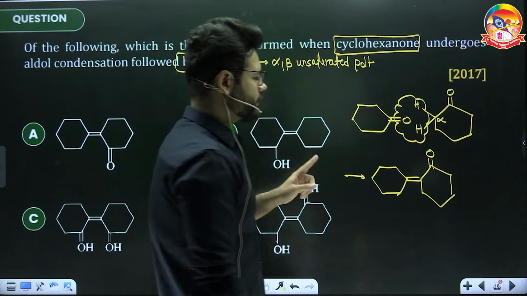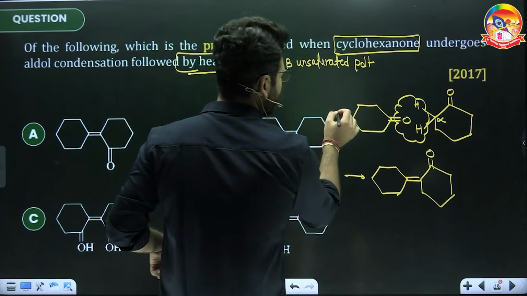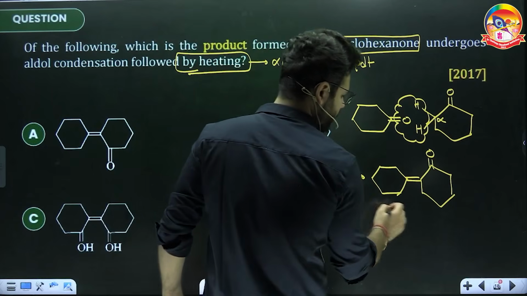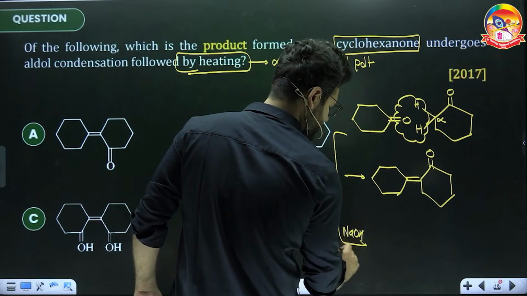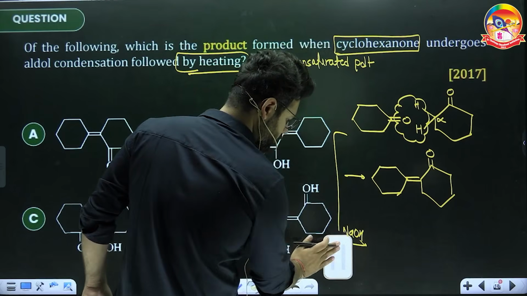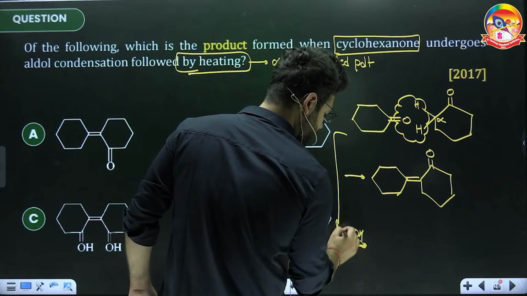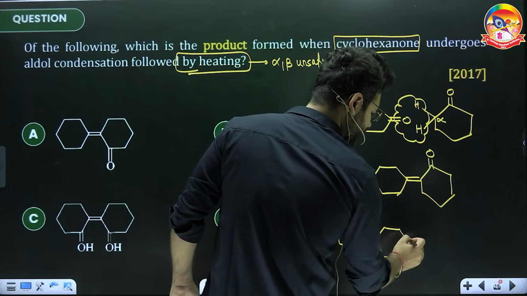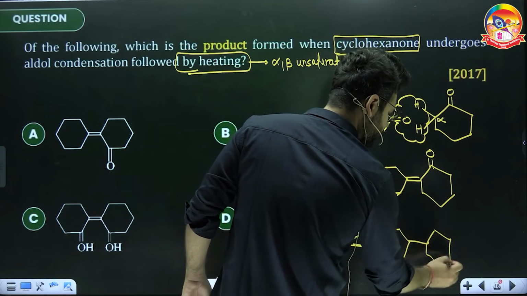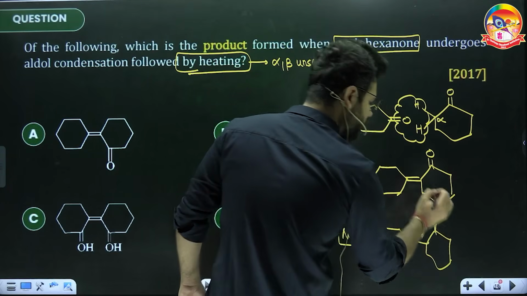If the question was given without heating, if just NaOH is given, for example, then you can draw the same product and just add water into it by putting an OH on the beta position.